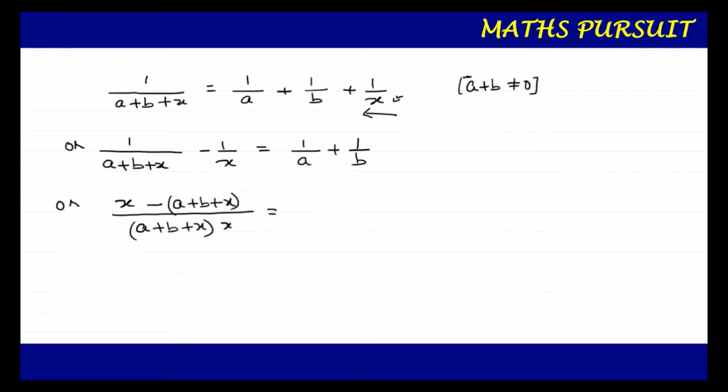Or similarly, I can take ab as the LCM, and I can also solve the right side of the equation. So I can write the right side of the equation as b plus a upon ab. I took ab as the LCM.